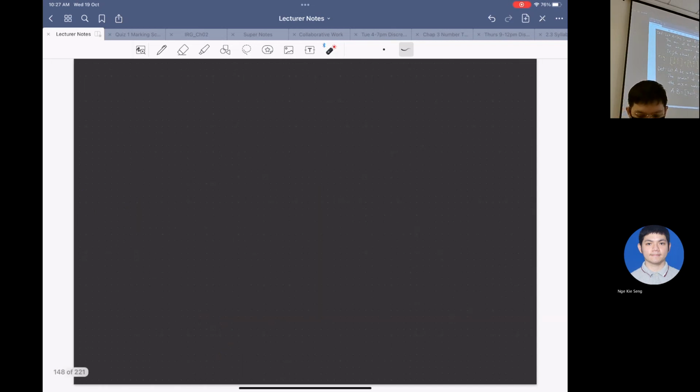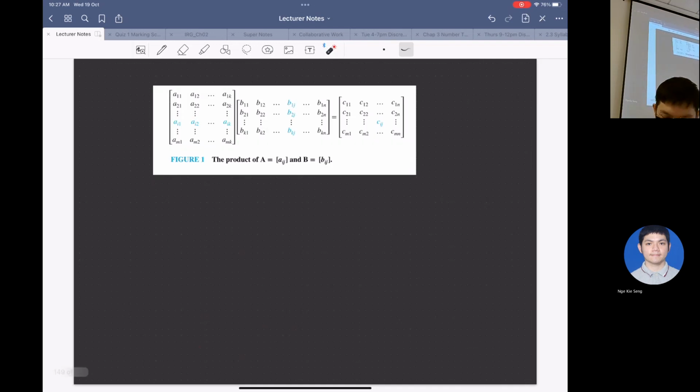For example, in this picture, if I want to multiply two matrices together, I take the first row and multiply by the first column, and then I get the first entry here. All of these form the 1 1 entry.